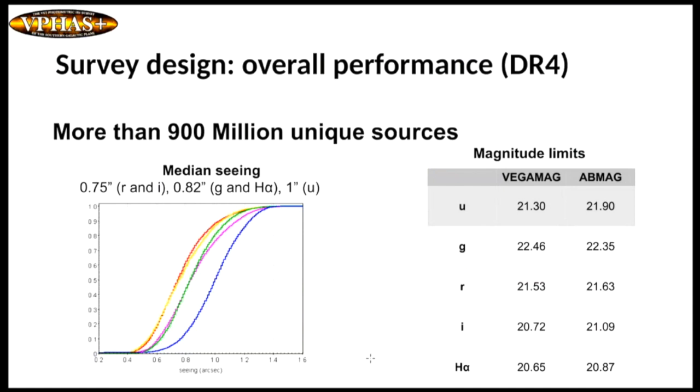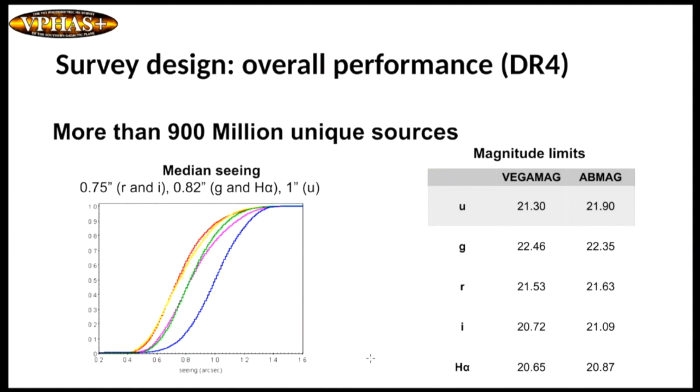But overall, as written in a previous slide, the survey was split in two different branches. The red filters were observed together, and the blue filters were observed together. But the R band was observed both with the red and the blue filters in order to join them together.